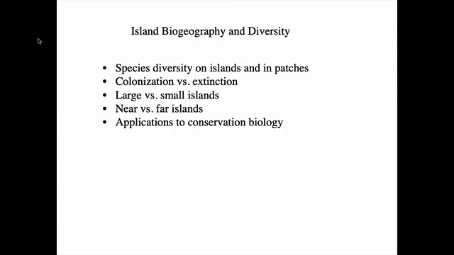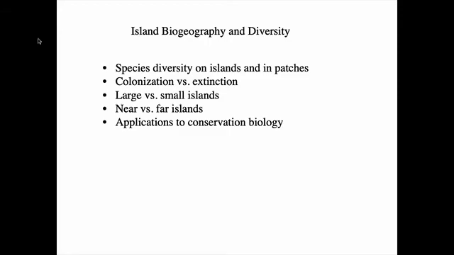Today we'll finish up by introducing the ideas of island biogeography. And next time, we'll talk about how we apply island biogeography very generally to habitat patches everywhere. So first, we'll just look at the patterns of diversity on islands and in patches that inspired this theory.